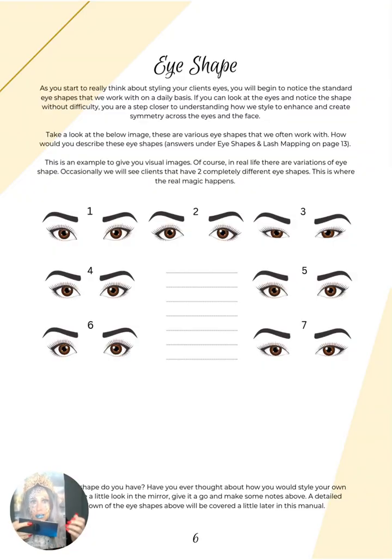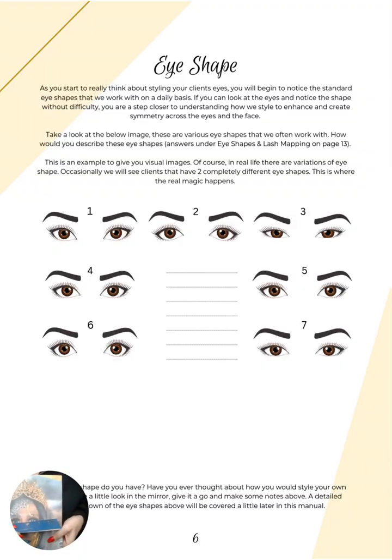I'm just going to stand up here, make sure you can see that in the camera. You would get a ruler, for example, and you could have taken a picture of your client's face on your phone. And what you want to do is put that ruler from the inner corner to the outer corner. And on Charlotte here, she's got an ever so slight upturn.